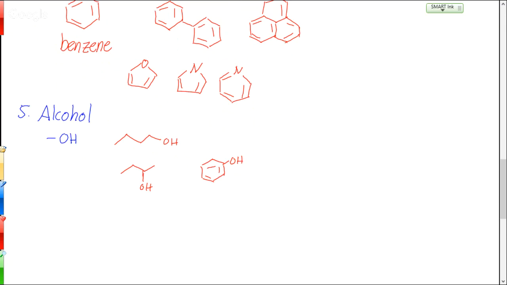A couple common alcohols that you may have seen. If you have 2 carbons with an OH, that's ethanol. Ethanol is the waste product that you get when yeast metabolize sugar, and that's what alcoholic drinks come from. We just call that alcohol sometimes, colloquially, but alcohol is actually a functional group.